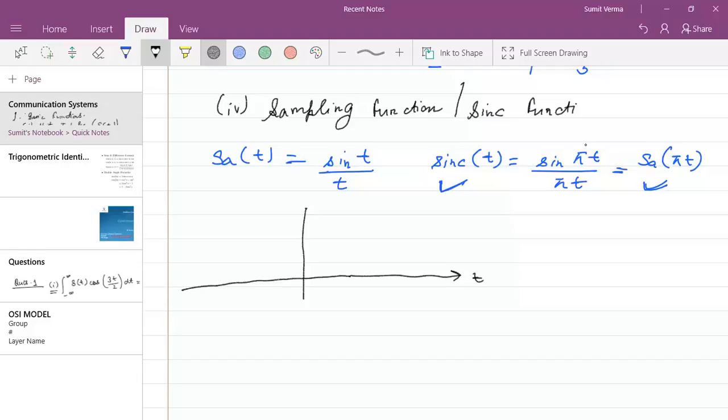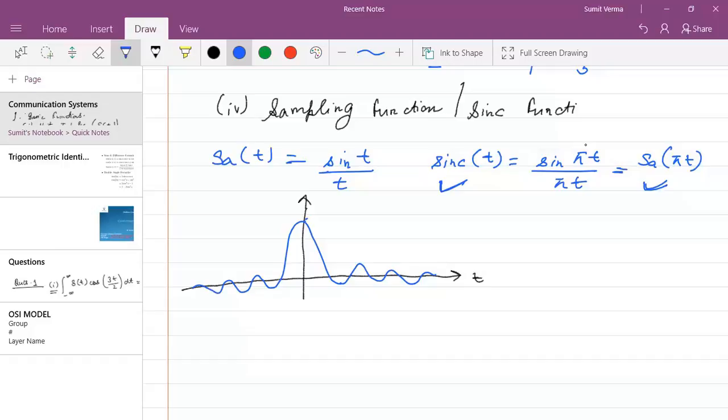At t equals 0, you can apply the limit, the sin 0 by 0 form, and get the value 1. So basically it would be this kind of function on both sides. It will be an even function.